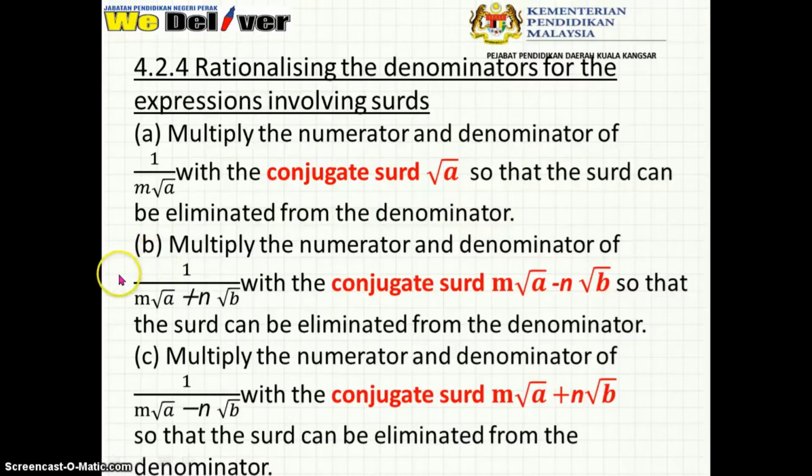For the second case, 1 over m square root a plus n square root b, we will multiply with the conjugate surd m square root a minus n square root b. For the third case, 1 over m square root a minus n square root b, we will multiply with the conjugate surd m square root a plus n square root b.